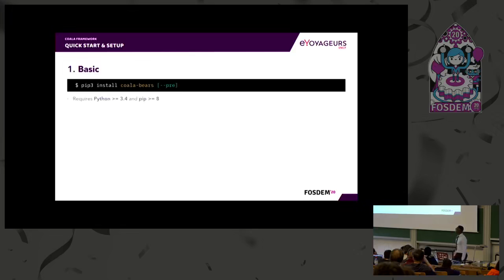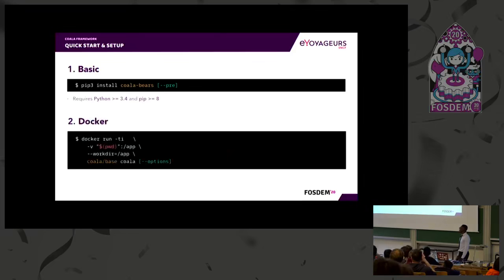Let's see how to do a quick setup. You could use pip to install Coala bears. You install everything you need to start working with Coala. Or you could also use Docker, which I think is the recommended way because you don't have to deal with pip packages.